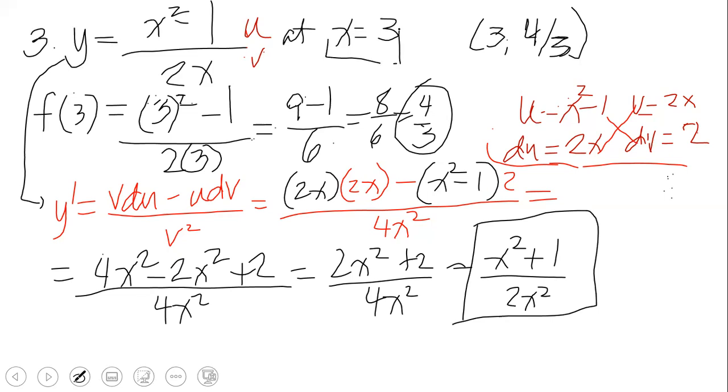So, i-plug in natin yung x equal to 3. So, that will be y prime at 3 equal to the differentiated function. So, 3 squared plus 1 over 2 times 3 squared. So, simplify all those terms.